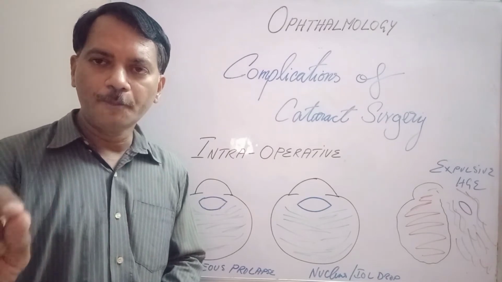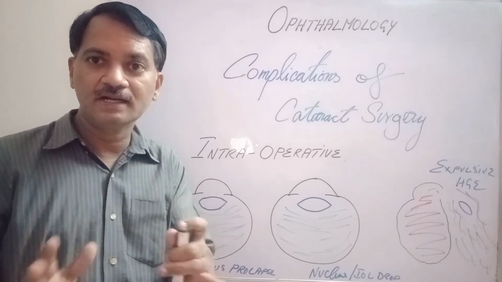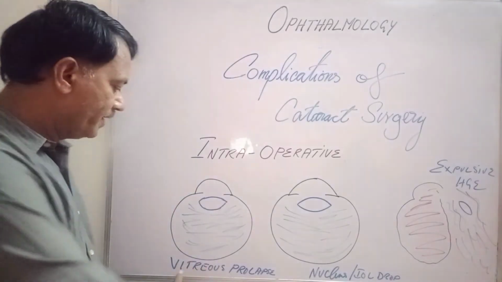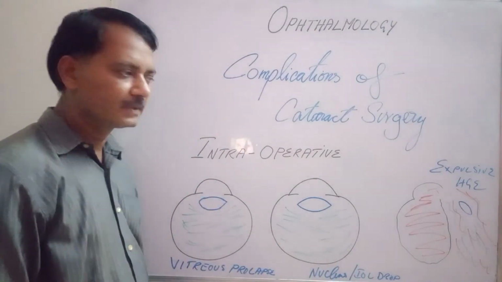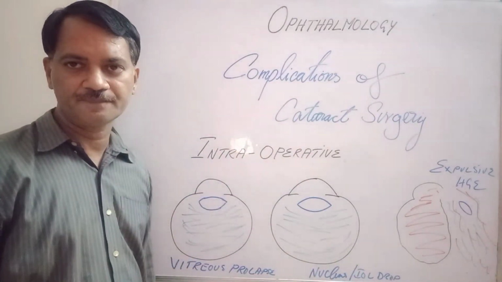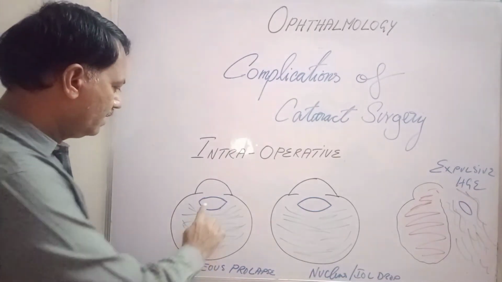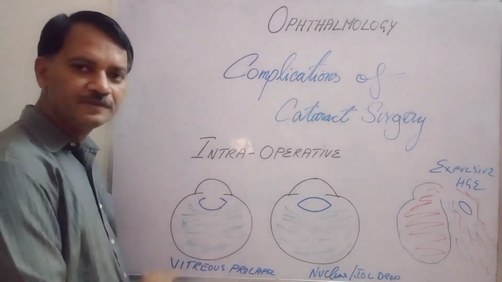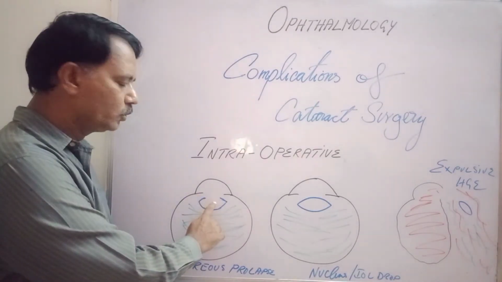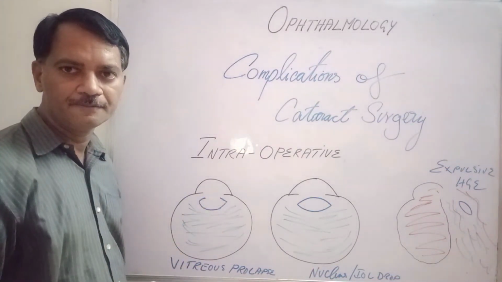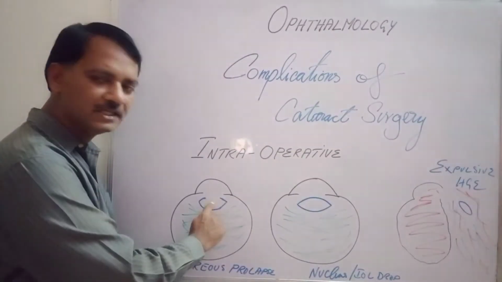Under intraoperative complications of cataract surgeries, the most dreaded complications are vitreous prolapse, nucleus or IOL drop, or expulsive hemorrhage. You all know that in cataract surgeries, we open the central portion of the anterior capsule and we remove the cortex and nucleus from the capsular bag and we implant the artificial lens or intraocular lens into this bag.